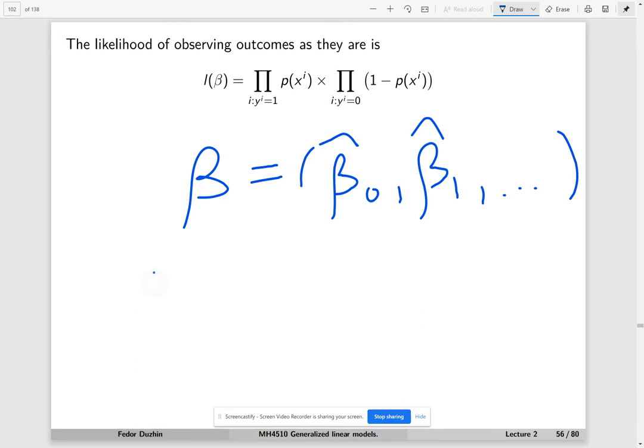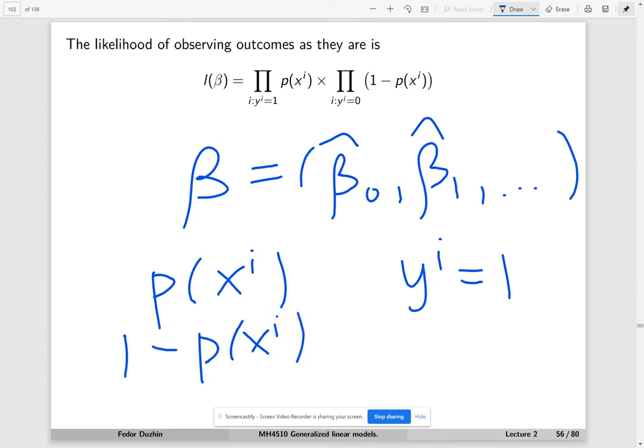So our P of xi is the probability that yi is 1, which means that 1 minus P of xi is the probability that yi is 0. Now if we multiply all of them, we will get the likelihood of observing the outcomes that are actually observed in our training data.